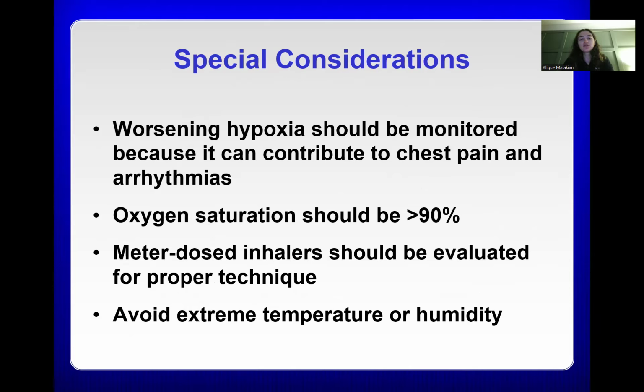And then metered dose inhalers should be evaluated for proper technique and avoid extreme temperature or humidity. Now, hopefully that wouldn't be a problem if it's an indoor clinic, but if they want to exercise outside or walk outside, depending on where they live, that's a consideration to take. Otherwise, everything else really stays the same. Yeah, not much else there for this population.